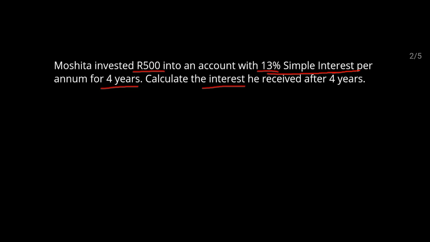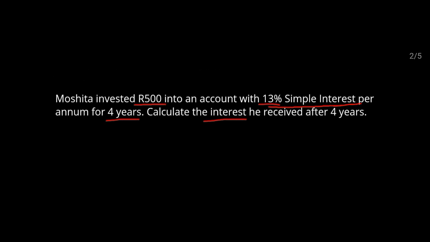You know by now that you lay down your data and you just say A, P, I and N, and then you look for each and every value here. Right now Mushita invested 500 rand. We see that is the P, the principal amount, because that is what we invest. And then the 13%, we know that is the interest.